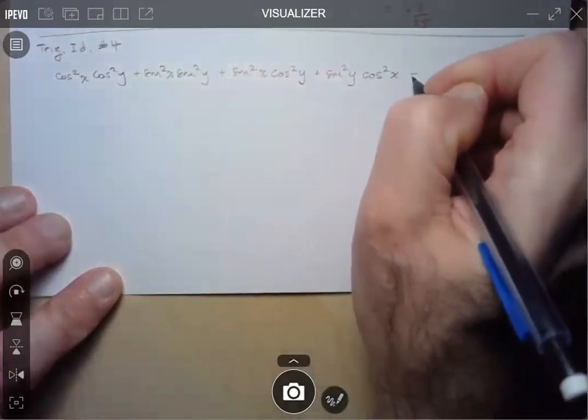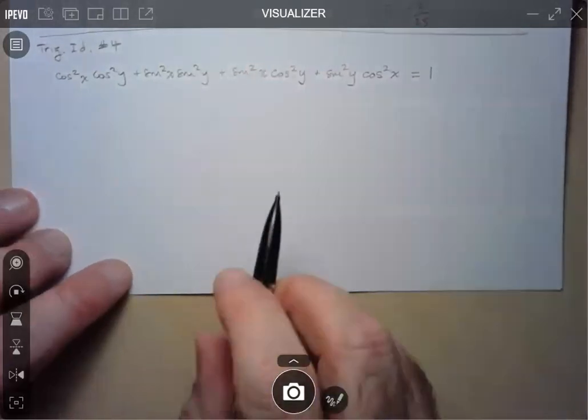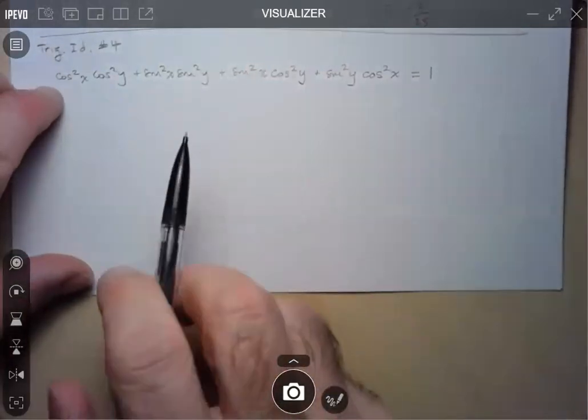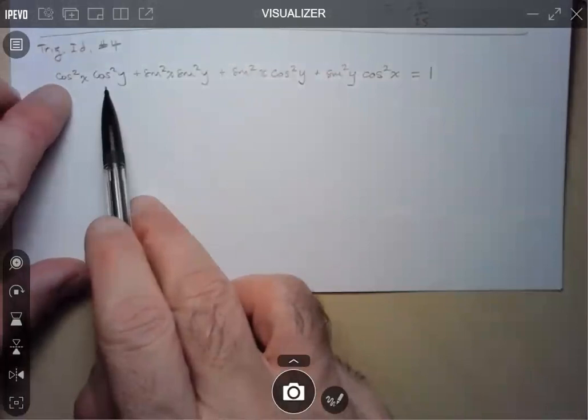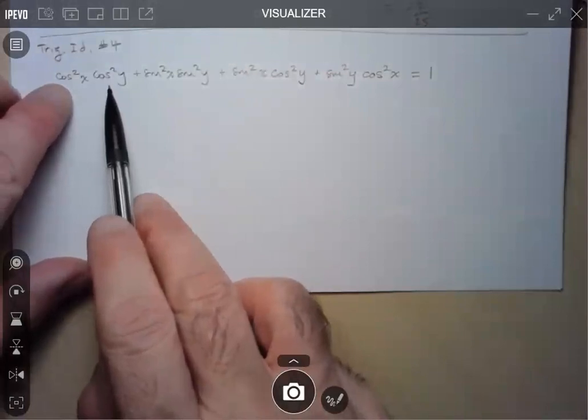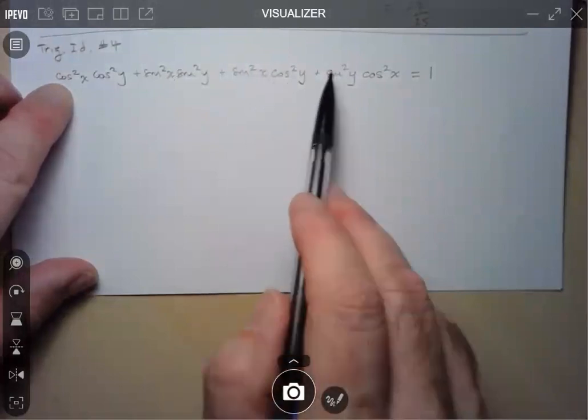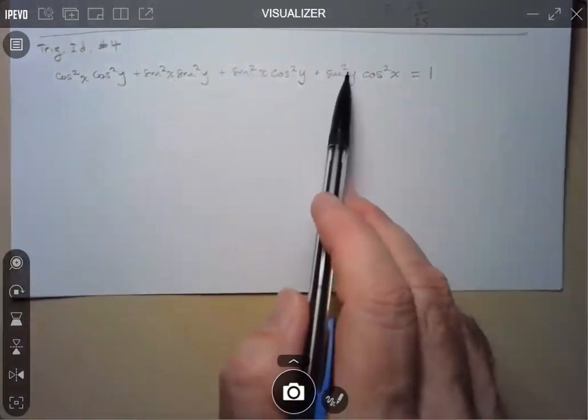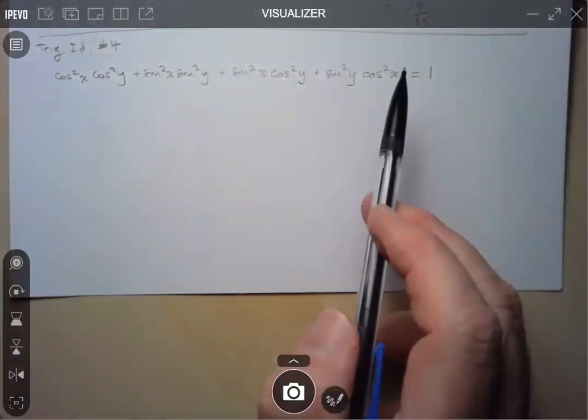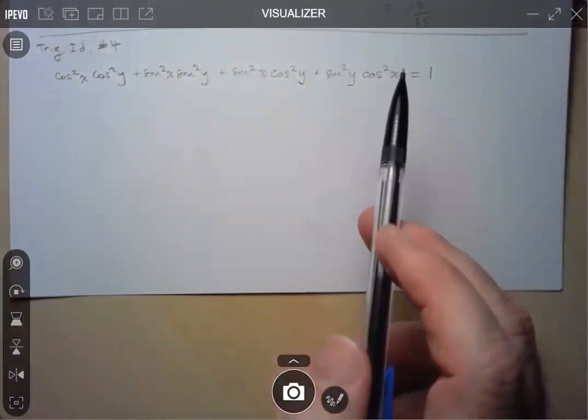And we want to show that that's equal to 1. Because there was a lot of stuff here, I'm just going to give a quick look to make sure I wrote it out correctly. If someone else has it in front of them, they can check. That looks good. That looks good. That looks good. And that looks good. Okay.